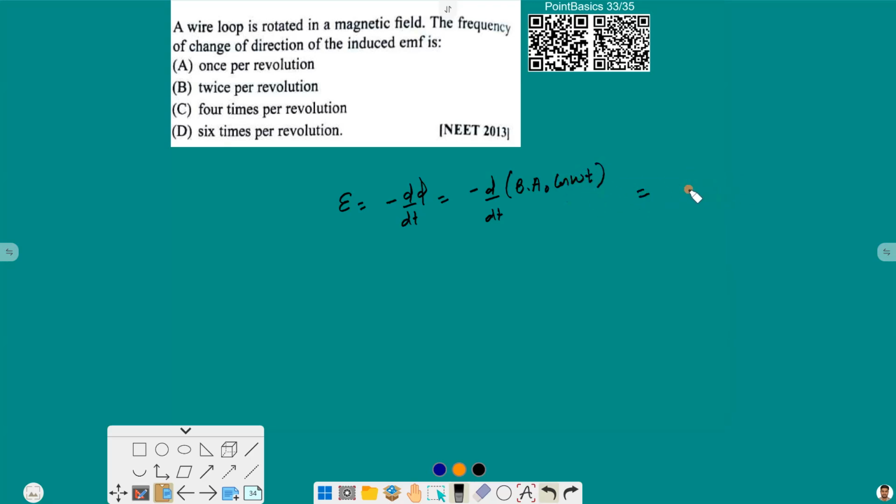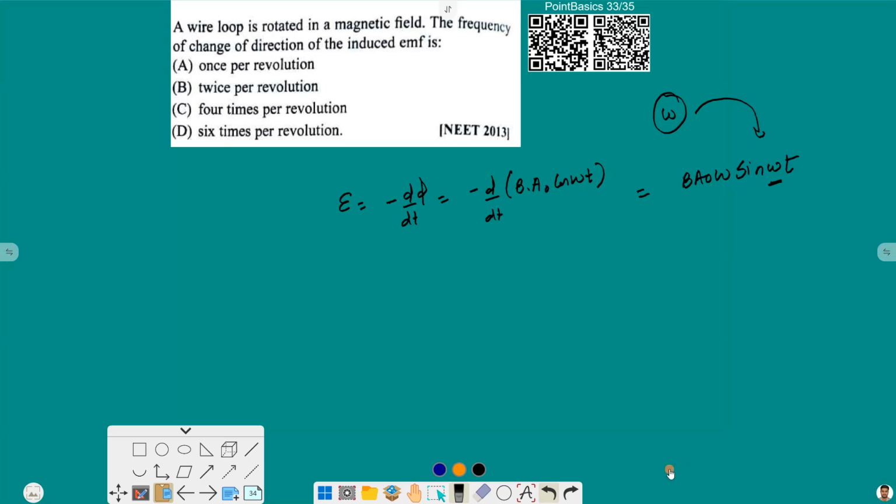So it will be B A naught omega sine omega t. So our angular frequency of rotation was omega, and the frequency of EMF is also omega.